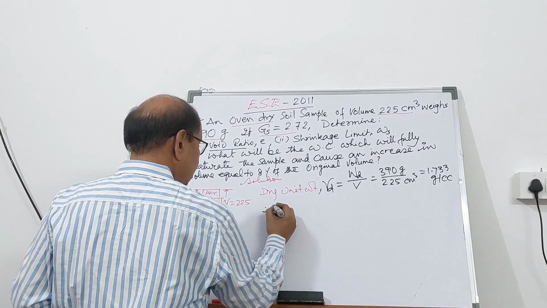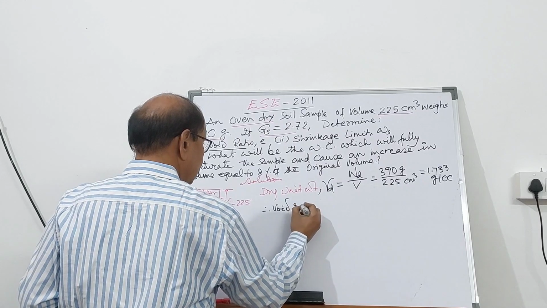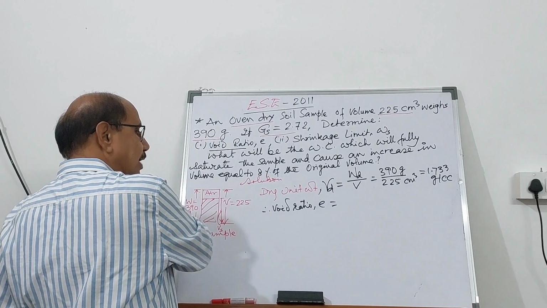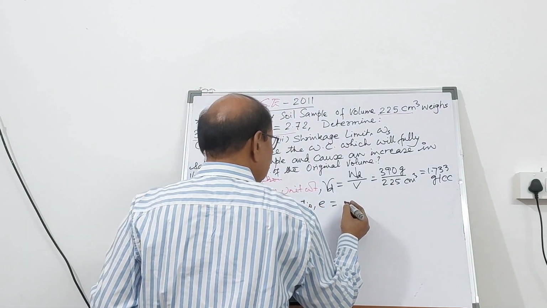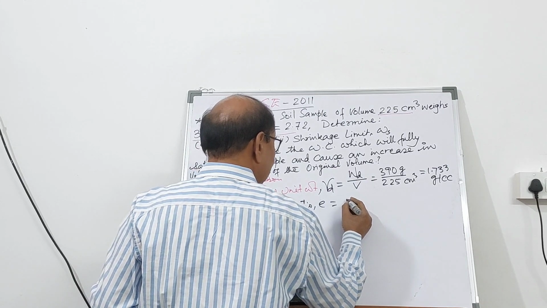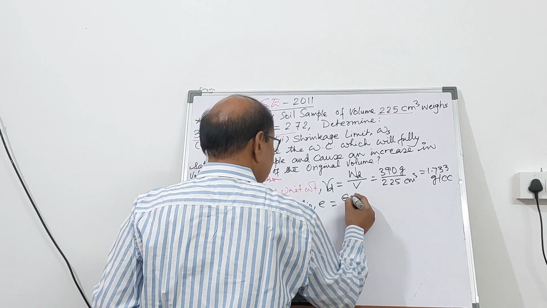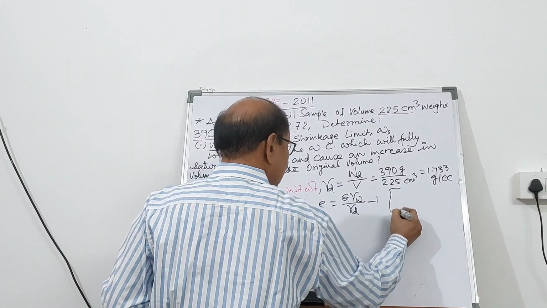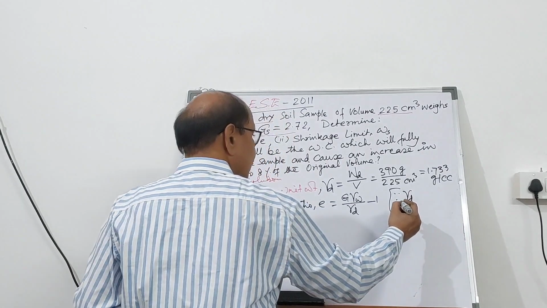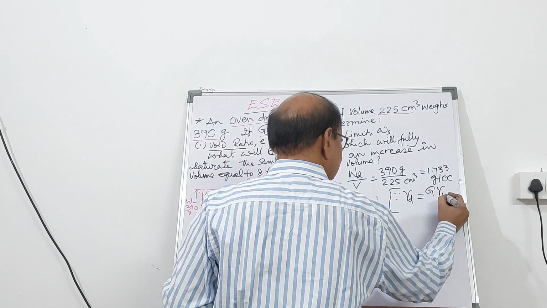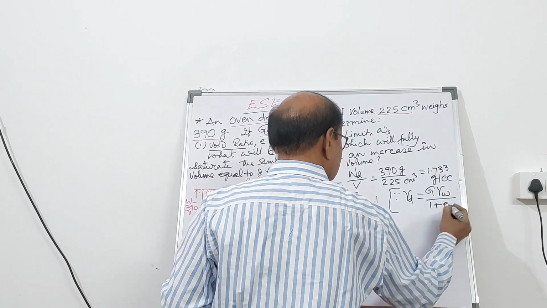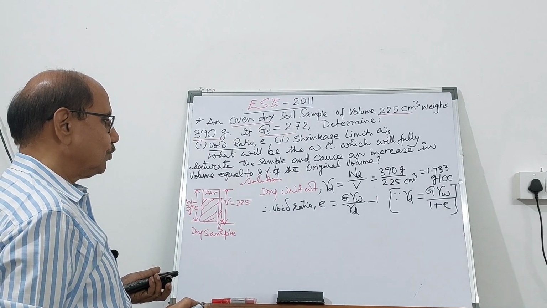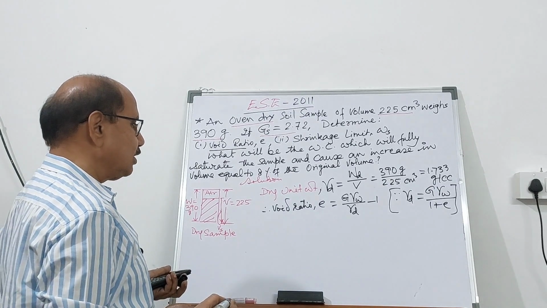So therefore, void ratio e can be calculated very simply, because we know gamma d equal to G gamma w upon 1 plus e. So e will be equal to G gamma w upon gamma d minus 1.